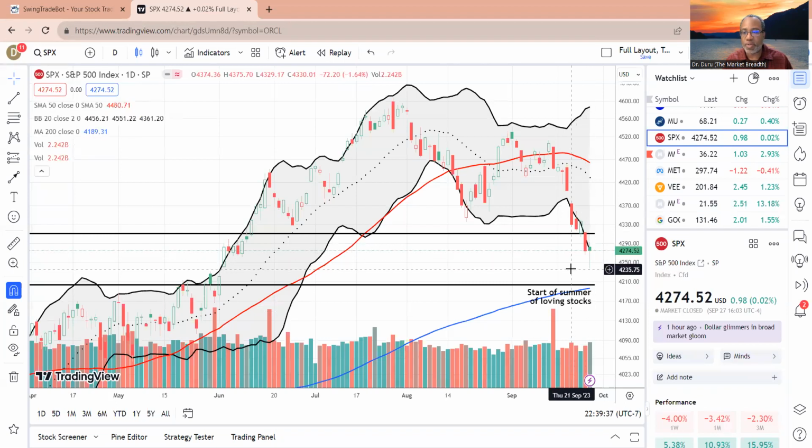That created what's known in technical analysis as a hammer candlestick. This kind of looks like the head, and here's the handle of the hammer. A hammer is significant because it signifies the potential end of a downtrend.